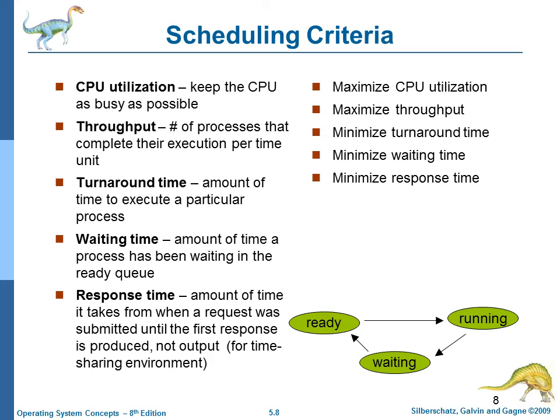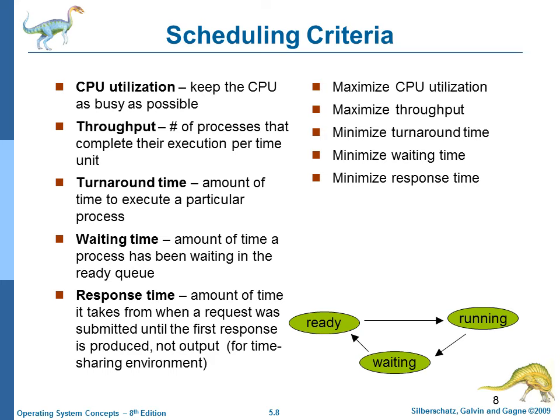In general, one wants to optimize the average value of a criterion, so we should maximize the CPU utilization and the throughput, and minimize all the others: the turnaround time, the waiting time, and the response time.